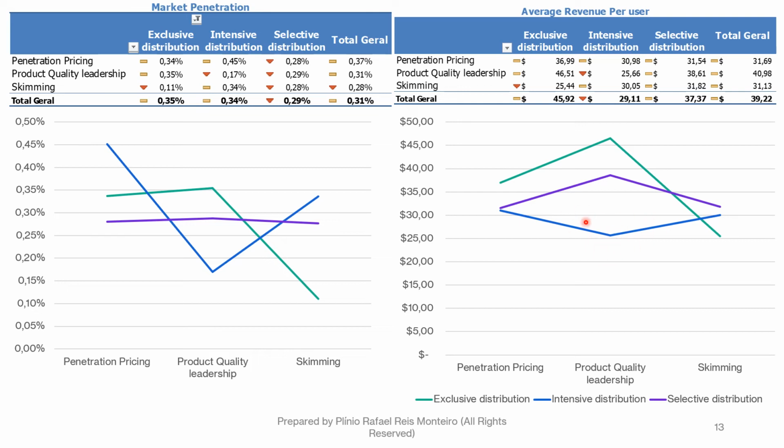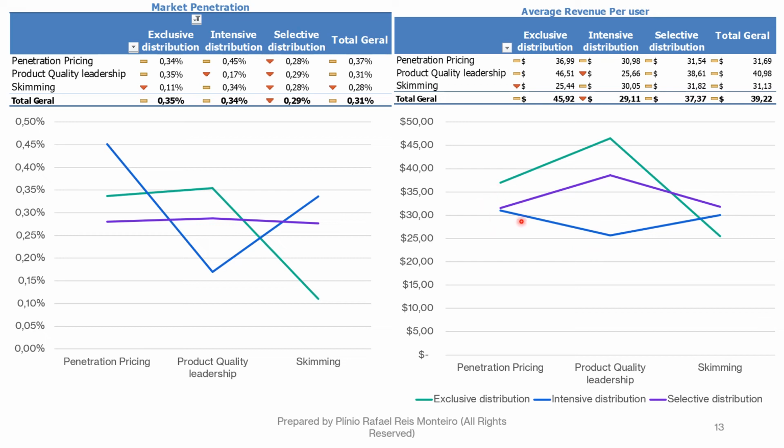Probably you're trying to sell very costly products in all types of stores or supermarkets, and there is no fit in this strategy because your customers probably perceive that you're trying to sell costly products for a mass market, so it makes little sense.